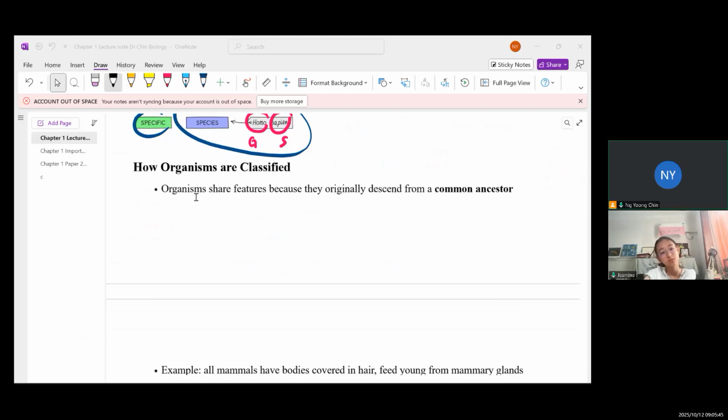So how are the organisms being classified? Actually, the organisms are being classified based on their characteristics. Okay, the characteristics refer to their physical features, right? Whether they have 2 legs or 2 hands, or they have 4 legs, they have fur or they don't have fur. So the organisms will share similar features because they originally descend from a common ancestor.